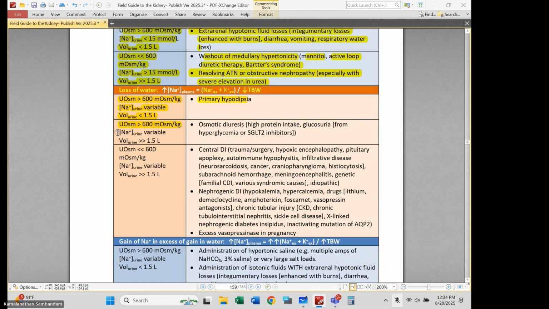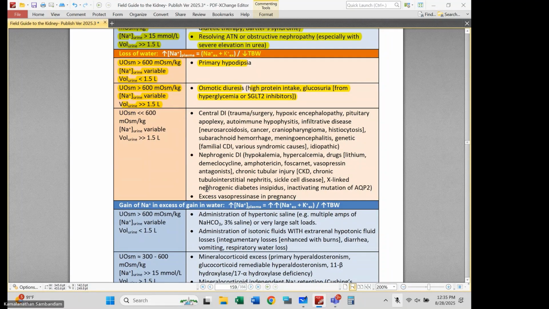Let's go to another row of this table. Urine osmolality that's high. Again, urine sodium that's variable. In this case, my urine volume is relatively high. An example of this would be patients who have large osmolar loads driving large urine volumes, even though the urine osmolality has been appropriately concentrated in the face of hypertonicity.